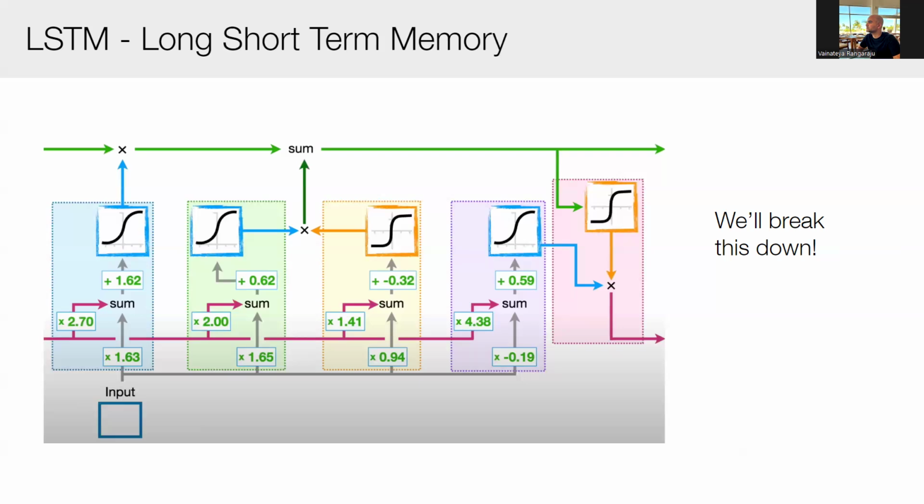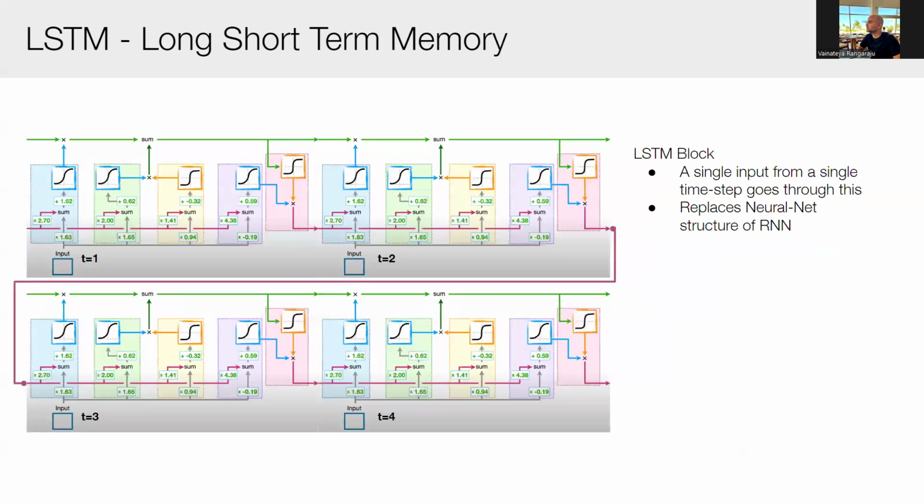But as a whole, this is what an LSTM looks like. It's not really based off of the regular neural network structure that we always have. It's a little bit of a different architecture. Basically, an LSTM block is defined as just this one chunk right here.